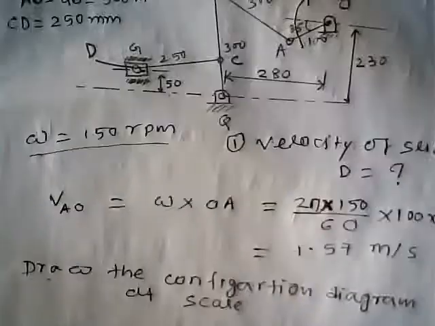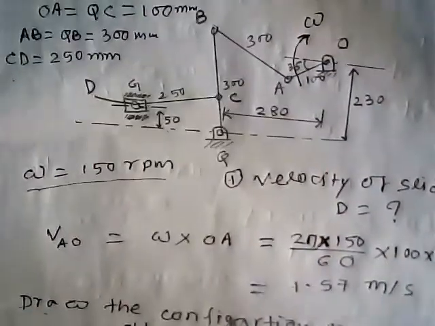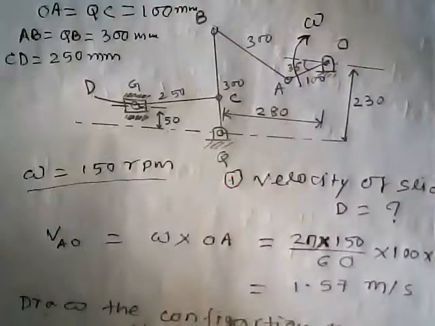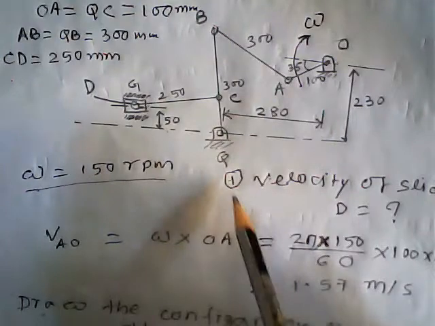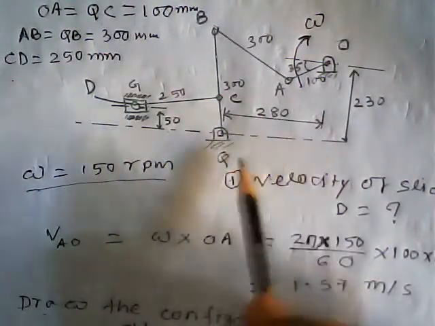Here a turning pair is present. Now AB distance 300 millimeter, so in scale 3 centimeter, and this distance QB is 300 millimeter, in scale 3 centimeter.